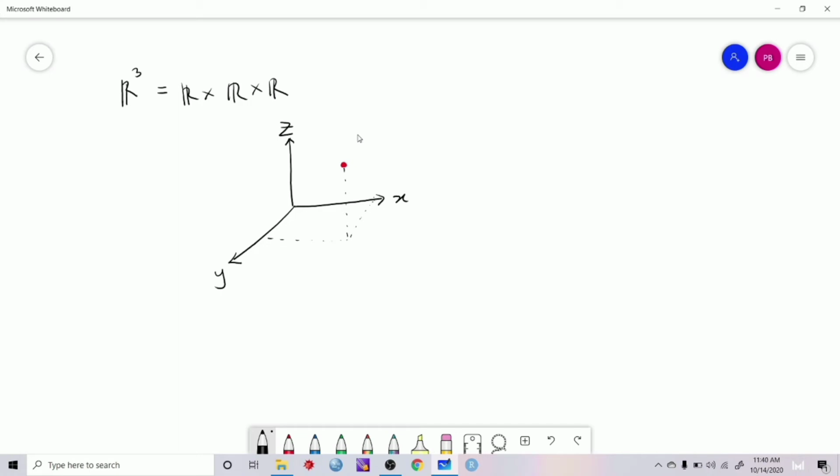So we have here the point x naught, here the point y naught, and this point we have z naught. So we write here (x naught, y naught, z naught).